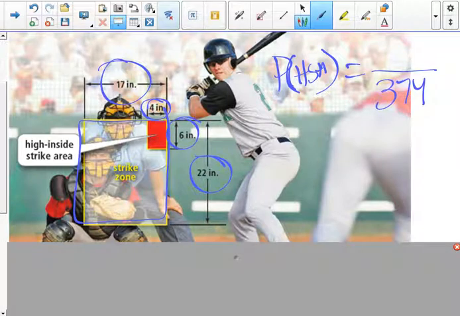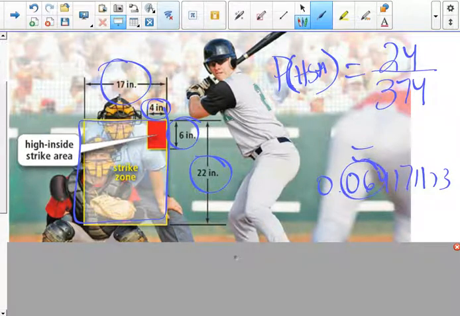So what do we want? What's our desired hit zone? It's 6 times 4, which is 24. Now let's simplify that. 24 divided by 374 is equal to 0.0641711123. So we want to take that to about right there, so it's about 6%. He's got a 6% chance of hitting that sweet spot in that strike zone area.